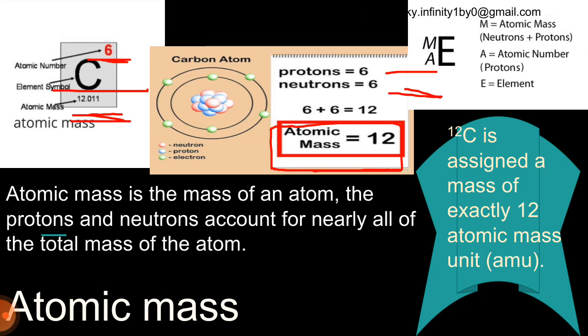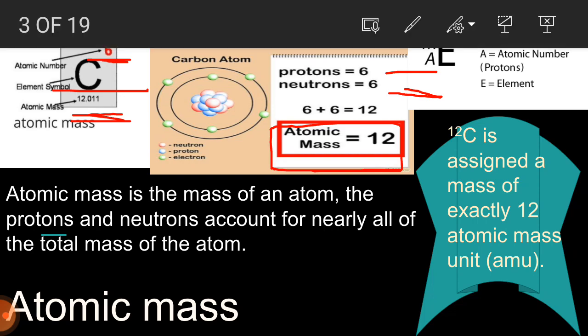Carbon 12 is assigned a mass of exactly 12, not 2, it is exactly 12 atomic mass unit or AMU. This is the point we need to keep in mind.